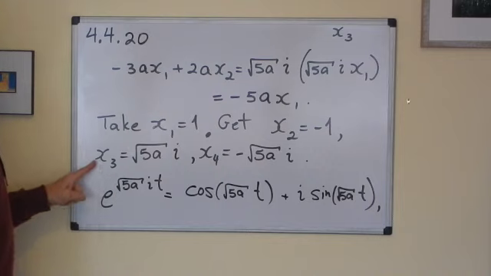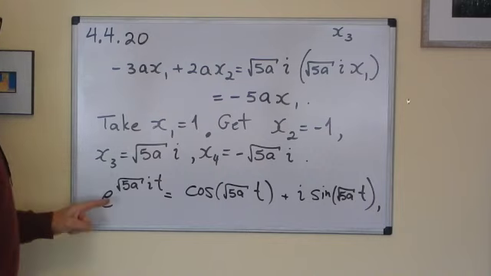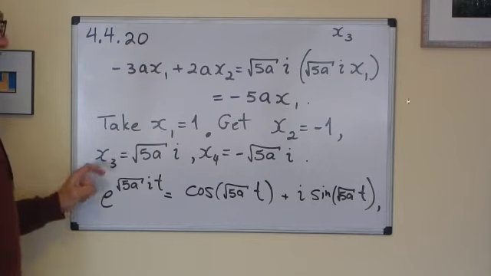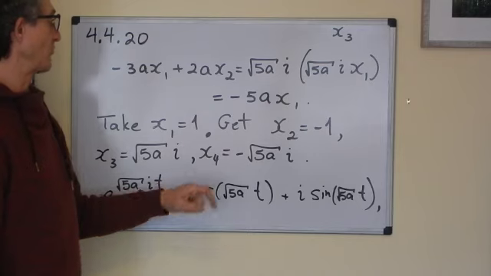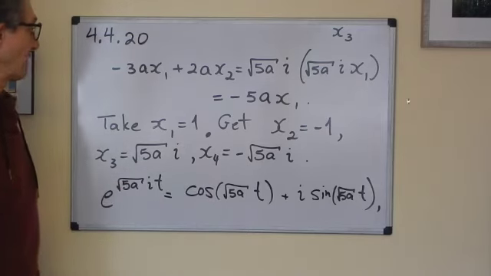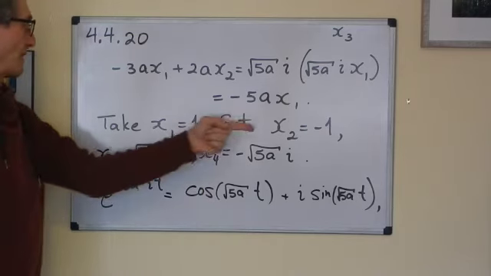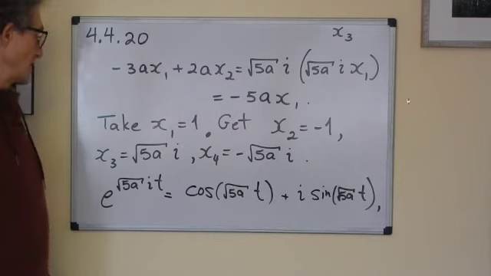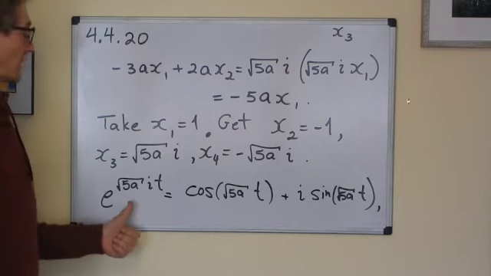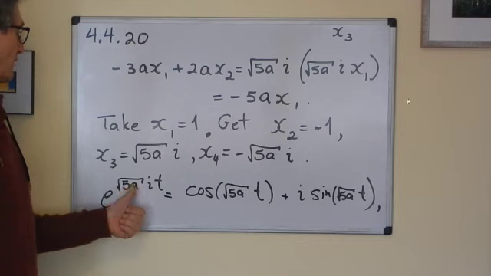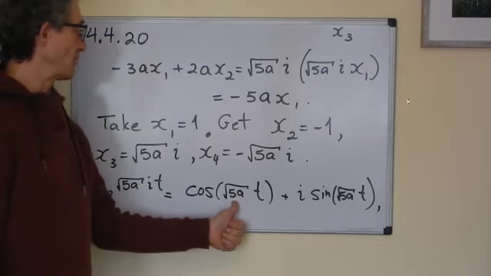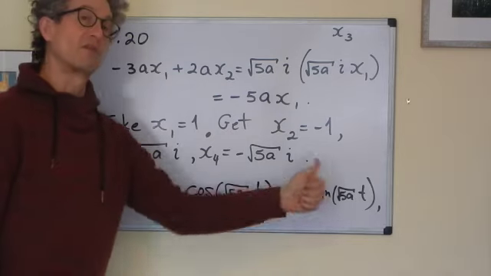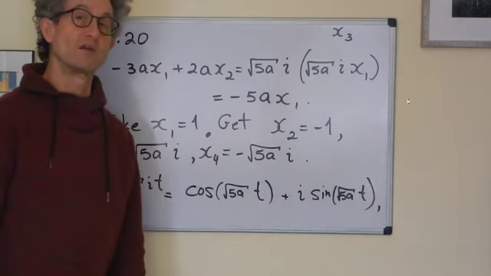And plugging 1 for x1 into the equation for x3 and minus 1 into the equation for x4, we get these values. I'm going to write this up as a vector, and that vector is going to be multiplied by e to the square root of 5a i t, which we interpret as cosine square root of 5a t plus i sine square root of 5a t.